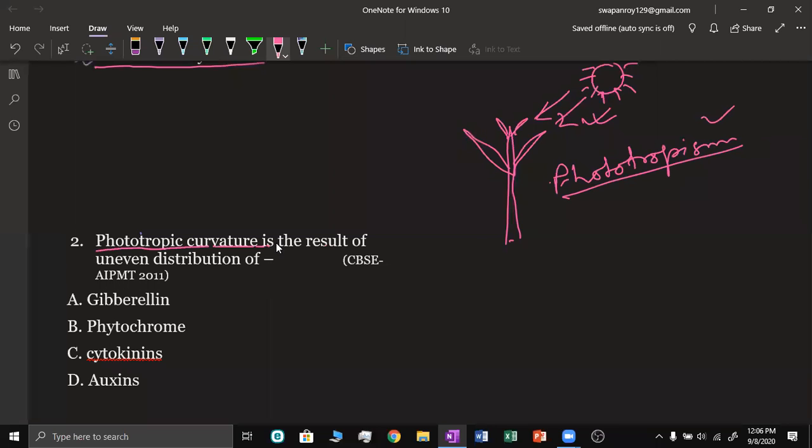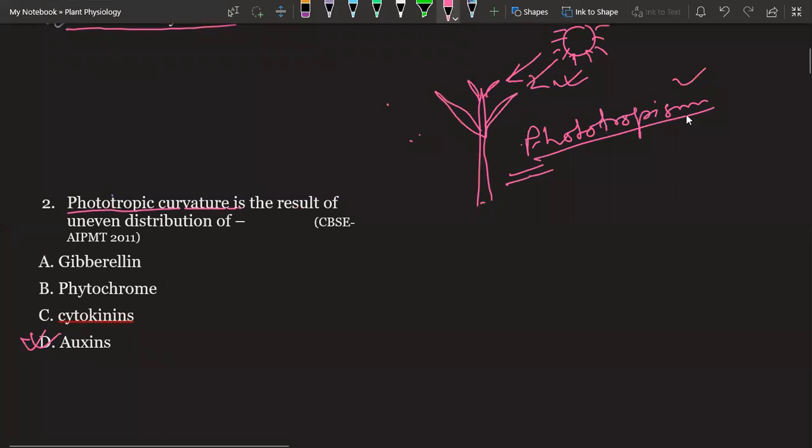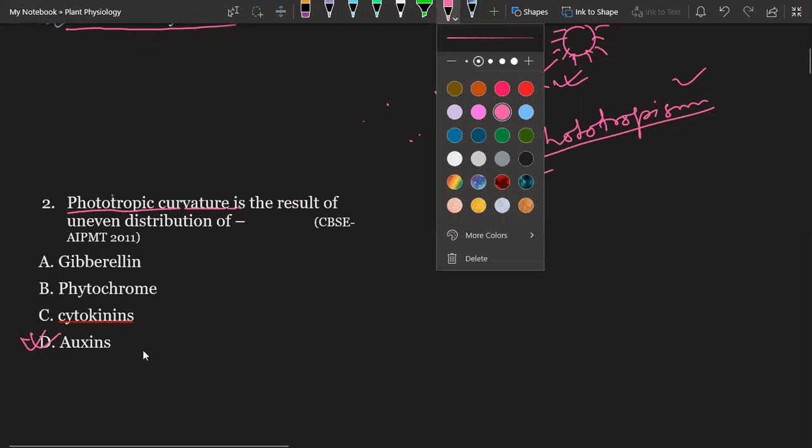And this phototropism is due to auxin again.